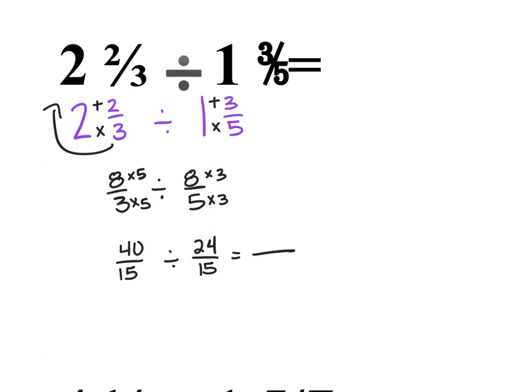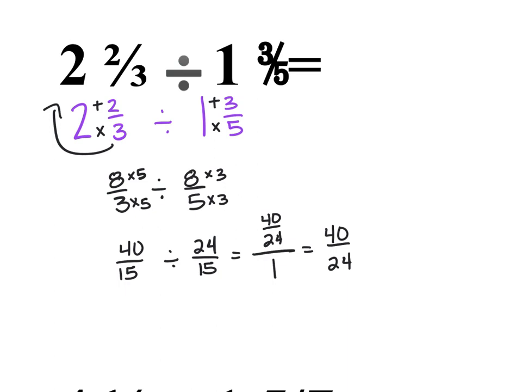All right, we're going to start on the bottom with the denominator. 15 divided by 15 is 1. 40 divided by 24. 24 does not go into 40 evenly, so we are going to leave that as 40 divided by 24. That simplifies down, because anything over 1 is the anything.